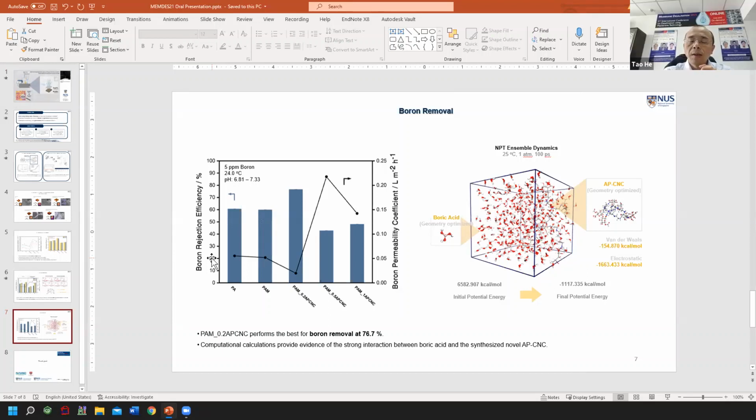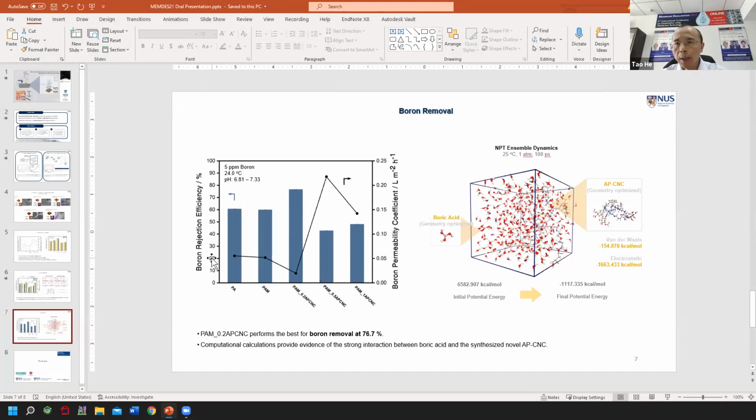You showed some rejection results, and you showed the simulation. The simulation gives the special interaction of the boric acid to the polymers. But the simulation always, you can adjust the parameters to get whatever you want, to be frank. So I rather take it as a side proof, but I won't put too much emphasis on this data.